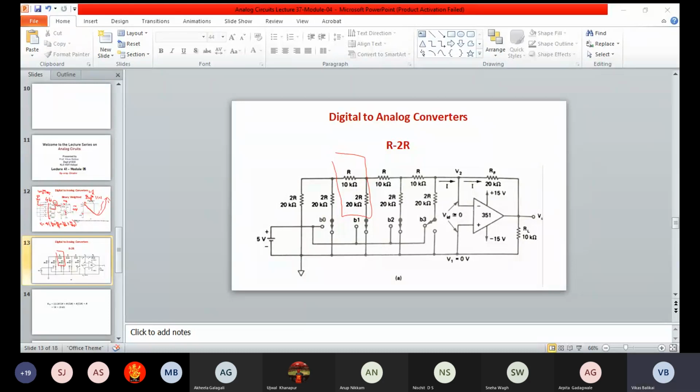If I just dismantle this entire circuit, then you can clearly see how this entire thing will look. Or else we'll do it this way, we'll try it from the right side. So this R network is 2R. So this 2R is in parallel with the series combination of 2R plus R.